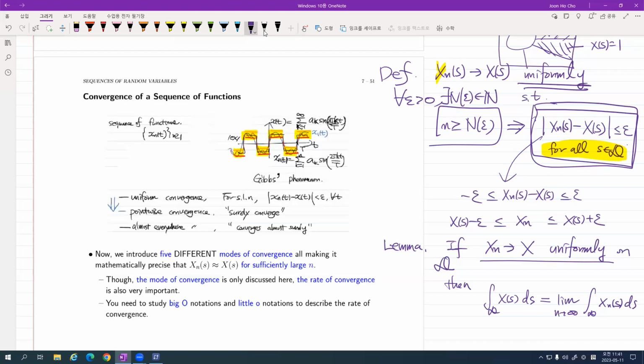However, many sequences of functions, even though they converge in some sense, do not converge uniformly. That's the problem.